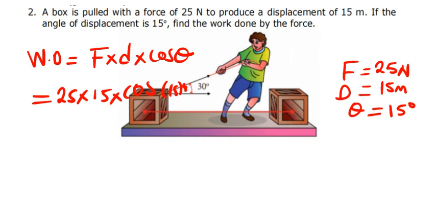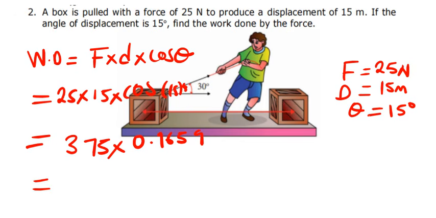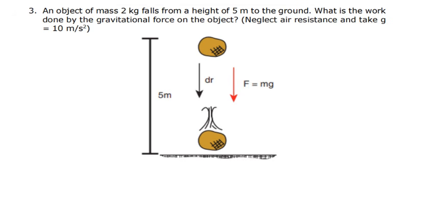Then 25 multiplied by 15, I'm getting 375, multiplied by cos 15 degrees, I'm finding 0.9659. Now multiplied by 375, I'm getting 362.2. That is our answer. Since it is work, it is in joules. Basically that's how I'm going to solve that question.